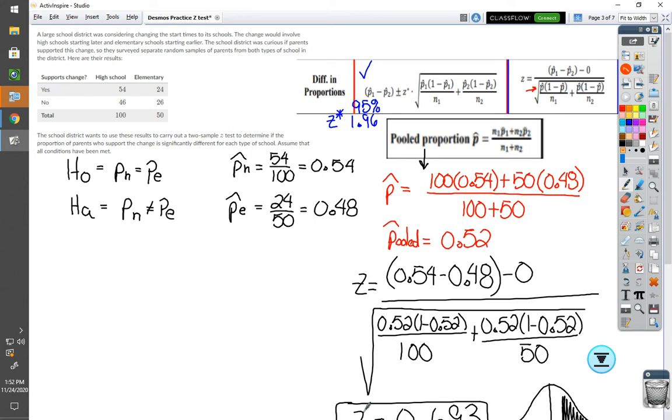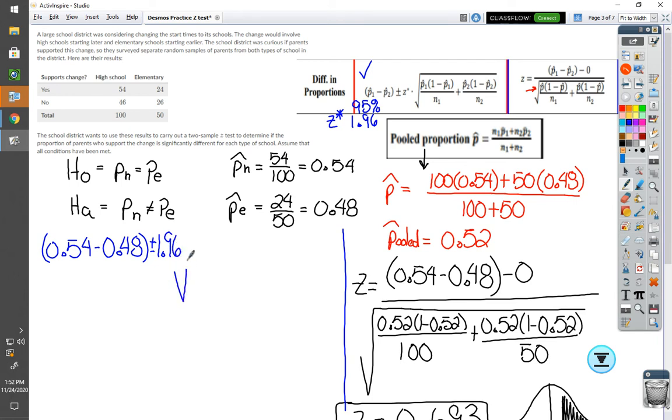So we need to make this fairly large formula for my confidence interval level. So I'm going to take p hat 1, 0.54. I'm going to subtract p hat 2, 0.48. That's in a set of parentheses. I have a plus and I have a minus, and I have a z star at 1.96.